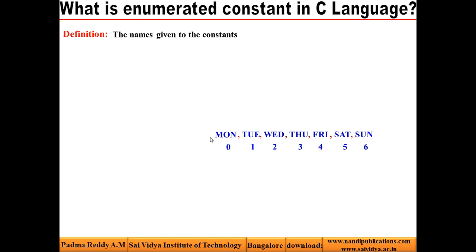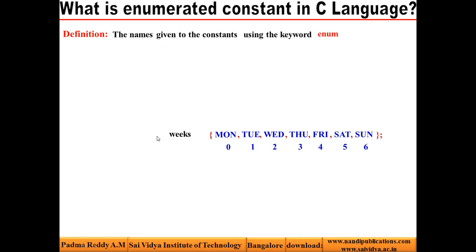All the enumerated constants must be enclosed within braces and it should end with a semicolon. Since these all represent the days of a week, here I write week. The names given to the constants can be done using the keyword enum.